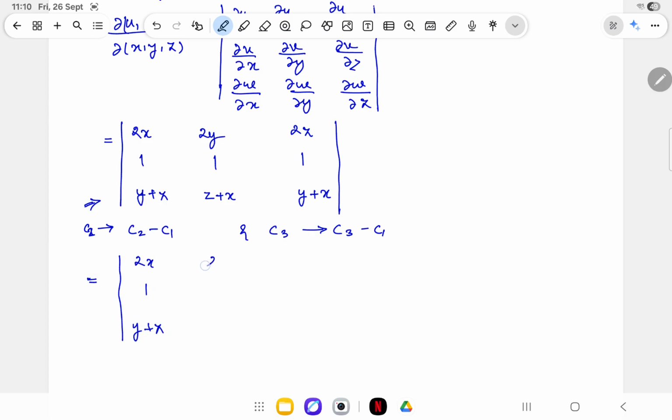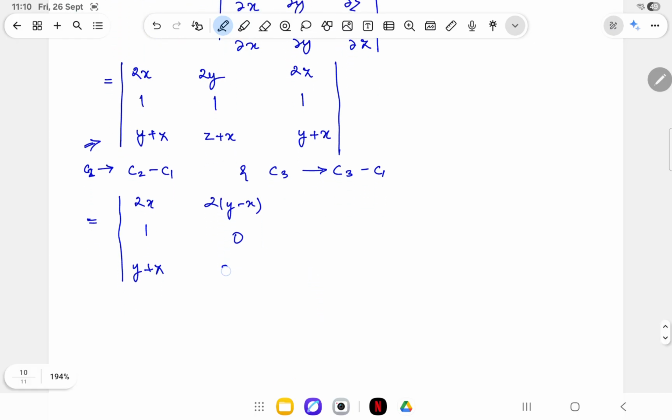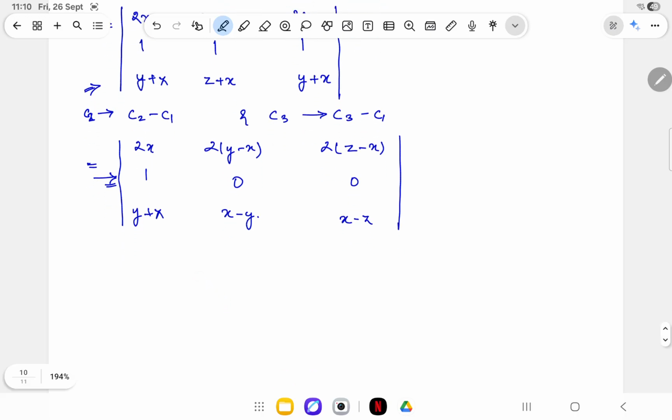Here will be 2 of y minus x, 0, and x minus y, and here we'll get 2 times z minus x, 0, and x minus z.